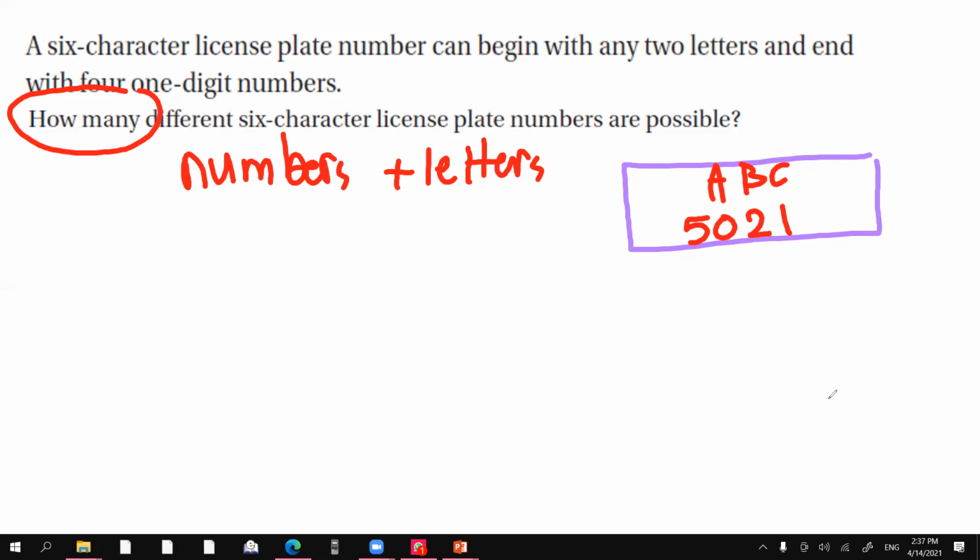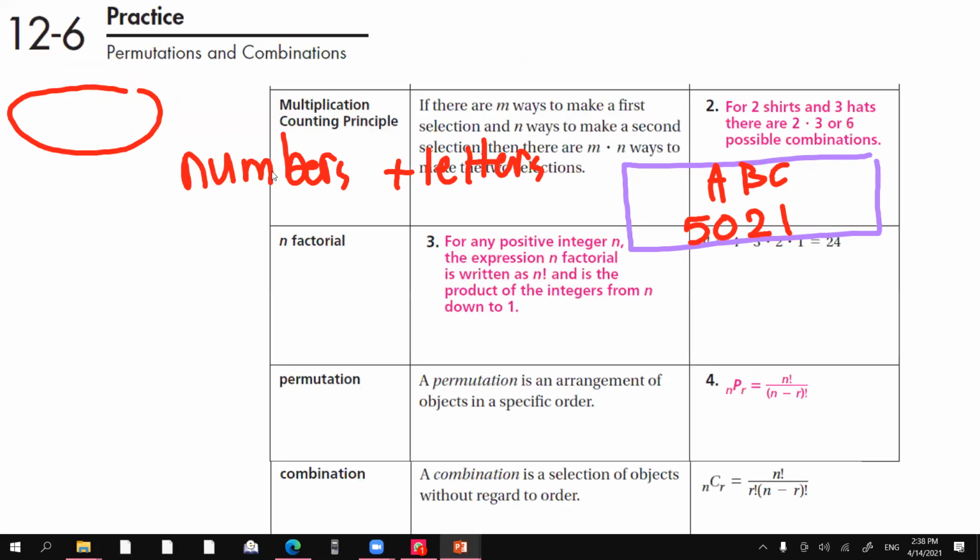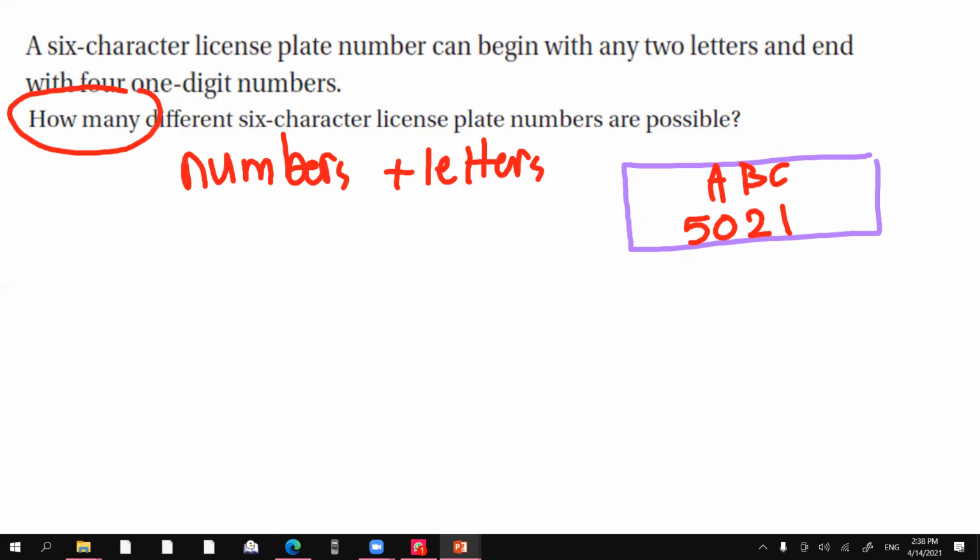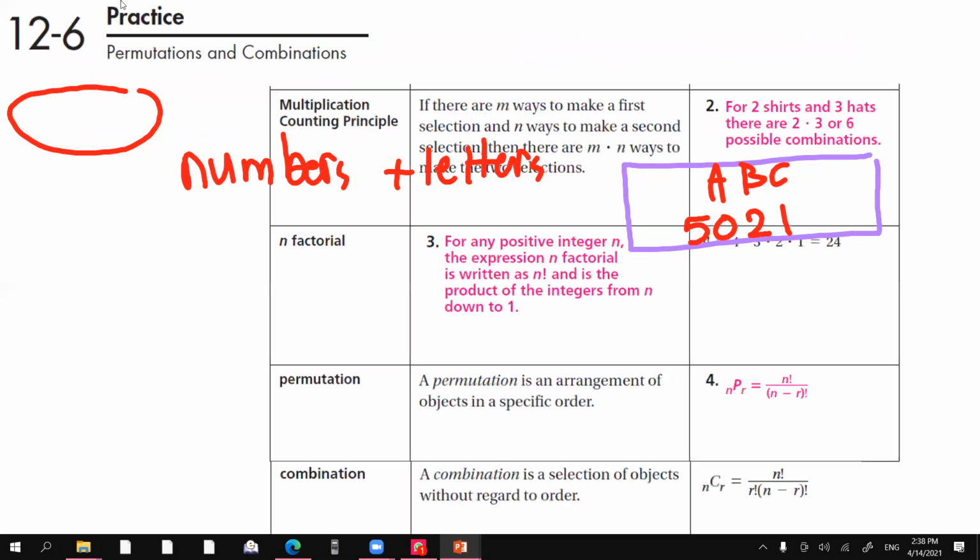When I'm asking you about how many numbers only, you have to use n factorial or permutation or combination. But when I ask you about how many numbers and letters, like shirts and hats, you have to use the counting principle.